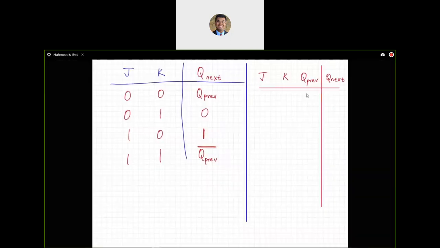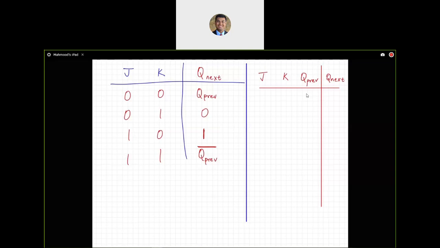So let's see if we can fill out this table on the right. Now I have three binary variables that I'm considering as input. J and K are my actual inputs. Q previous is also behaving like an input because of feedback, so I'm treating it as an input in this case.